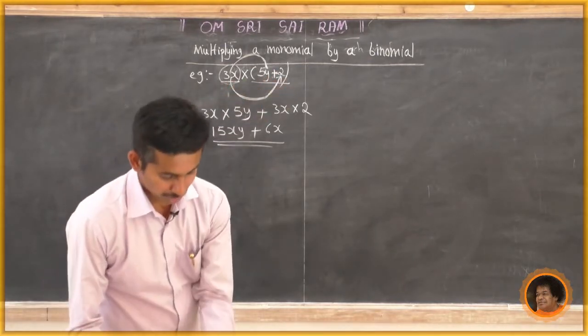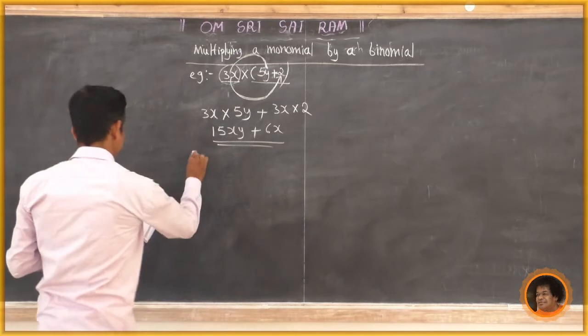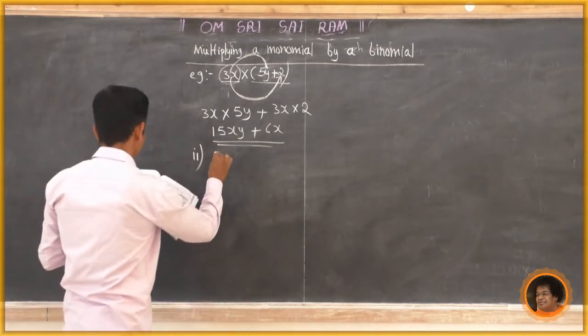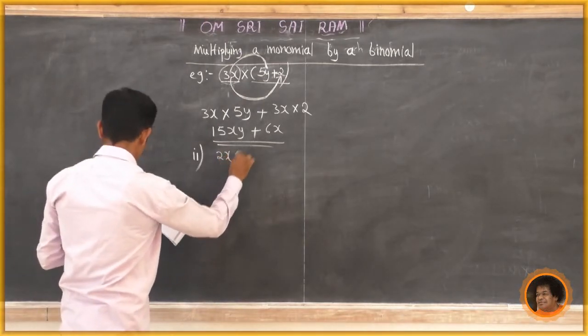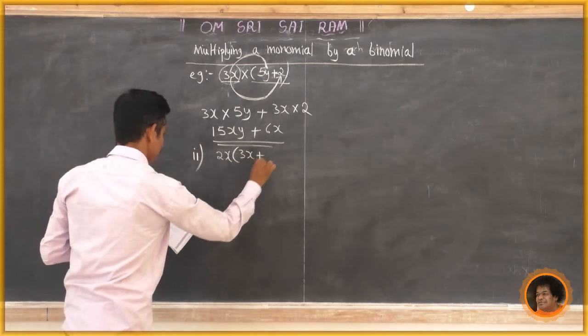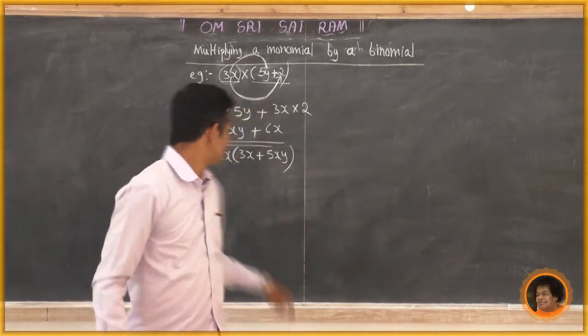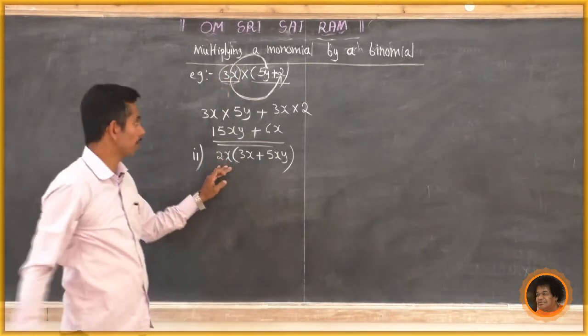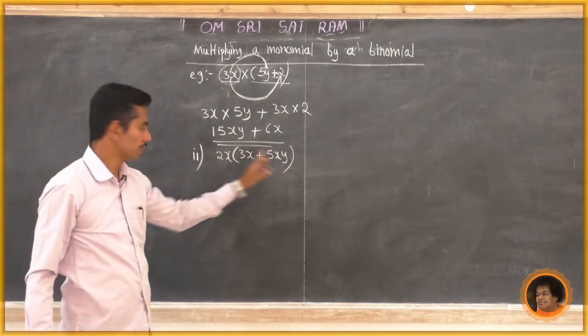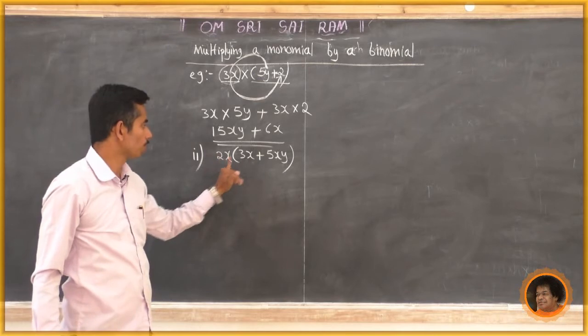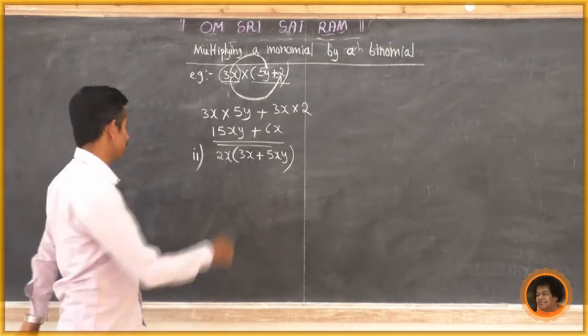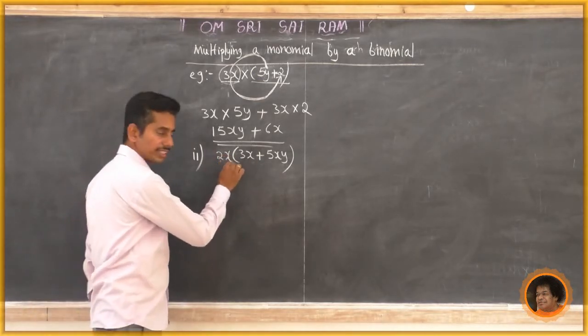Another example. Second example, find the product of 2x into 3x plus 5xy. It is also the same type of problem, monomial and binomial. Find the product of monomial and binomial. How to find the product? This is a monomial, a single term.